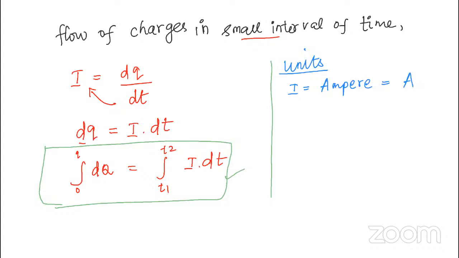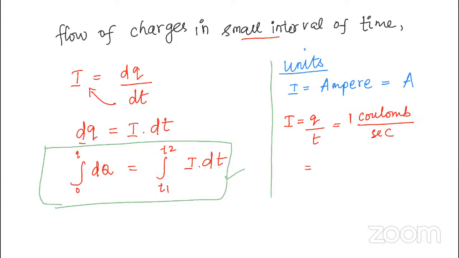Some more units are there. I is equal to Q by T. Q is a charge, and the SI unit of charge is the coulomb. So here it is 1 coulomb divided by time in seconds.